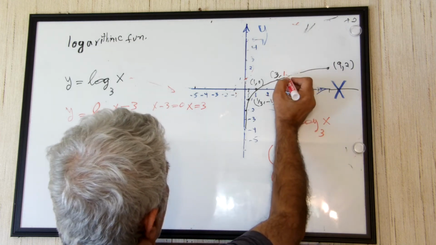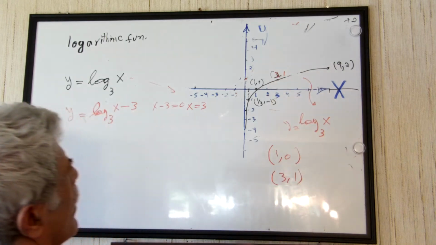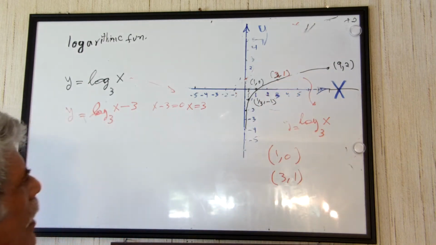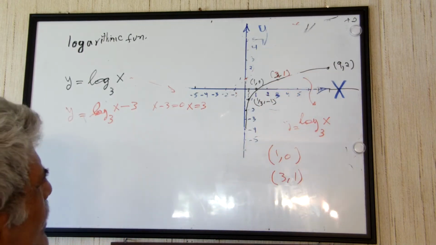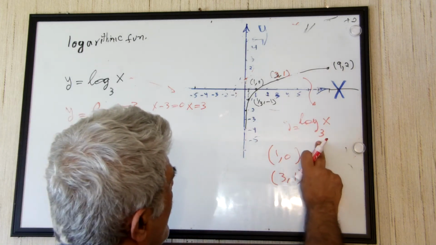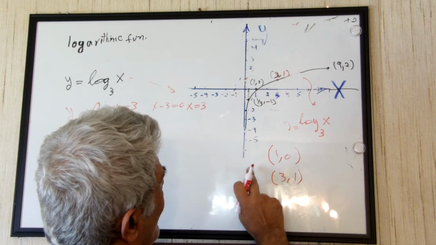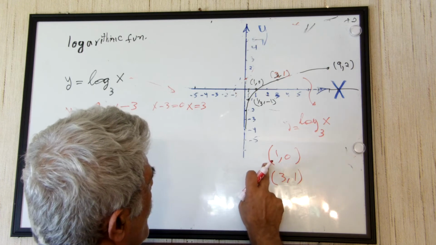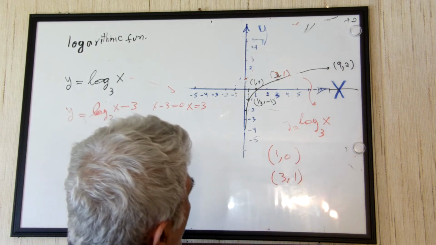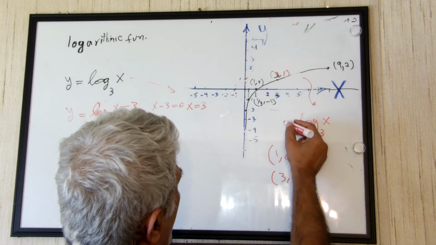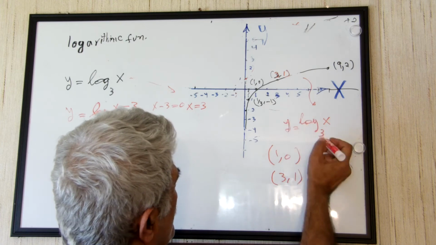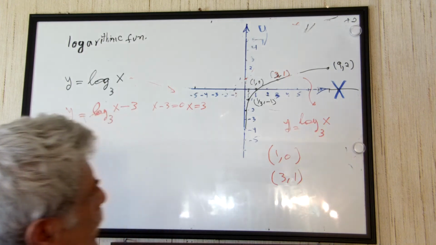See here? We point. These are the points on this. If x is 1, y is going to be 0.